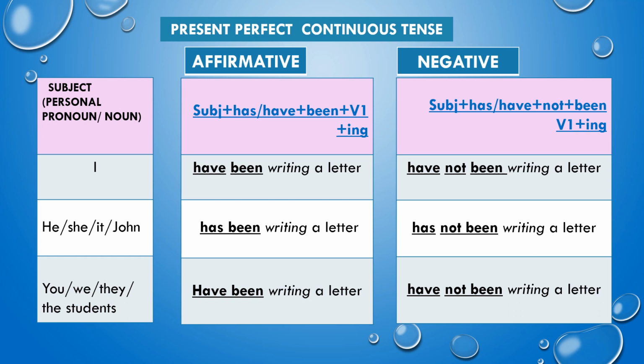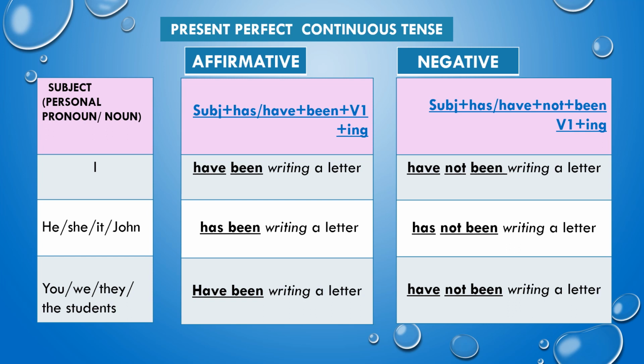And if we cross-look at the subject column and the affirmative column, we see the uses of has or have plus been, and the verb plus ing is all the same. So, if we were to use I in a sentence, we have to use the words have been.